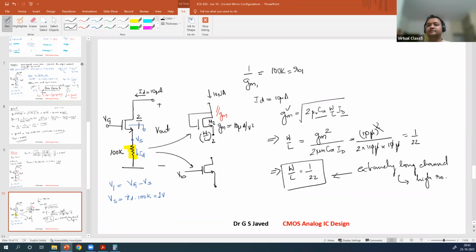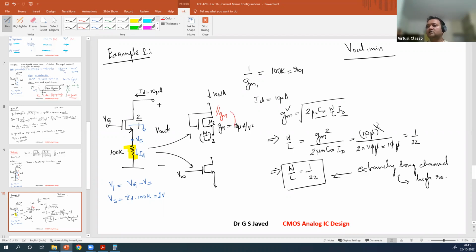Now in this case, we will call this example 2. For the same condition, let us find out what is the V out min. Now in this case, what will be the V out min?